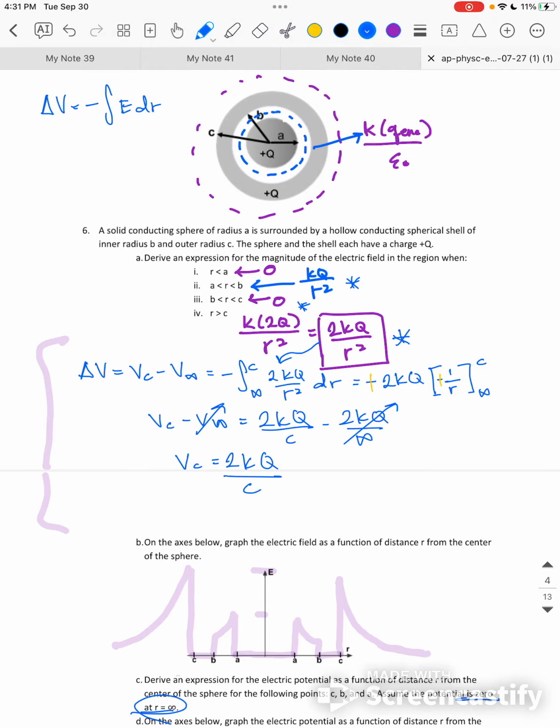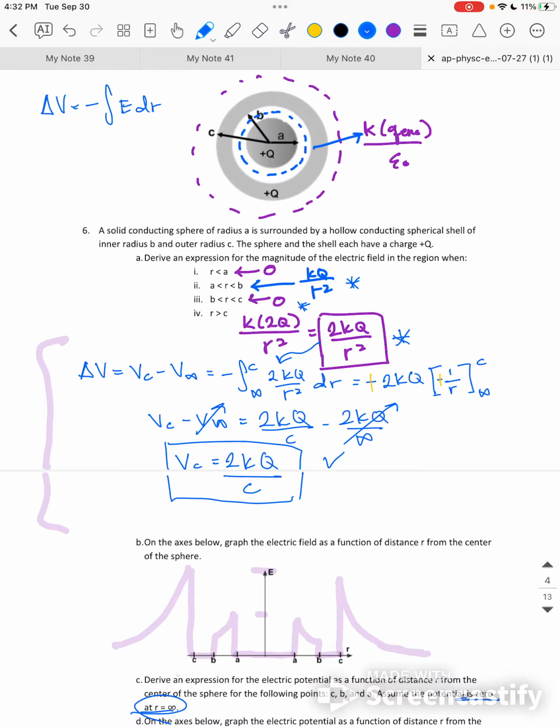And I know you can do this equation using the potential of a point charge. It's kQ over r, and Q enclosed is 2Q. But I did want to show you that this is exactly what we expected. If we're outside of a circle of charge, even though it has an inner circle and an outer circle that's charged, you can just use the equation for potential of a point charge, which is kQ over r.